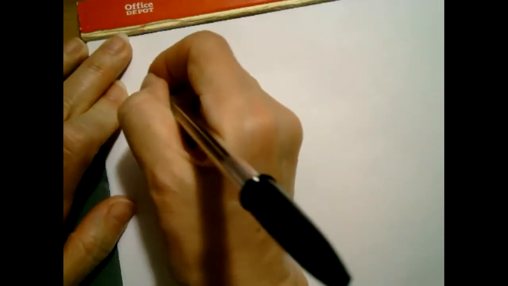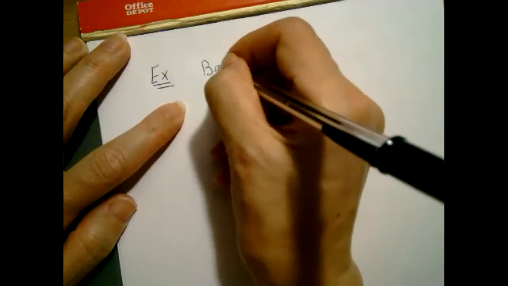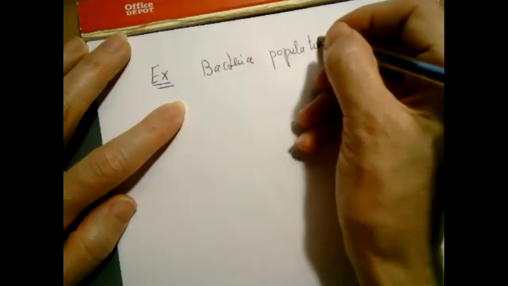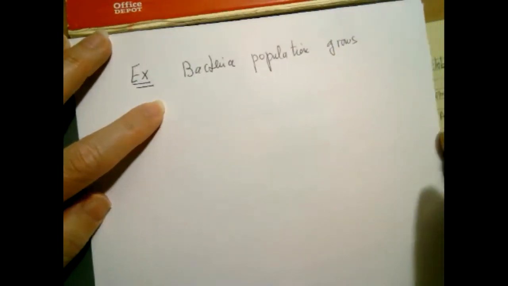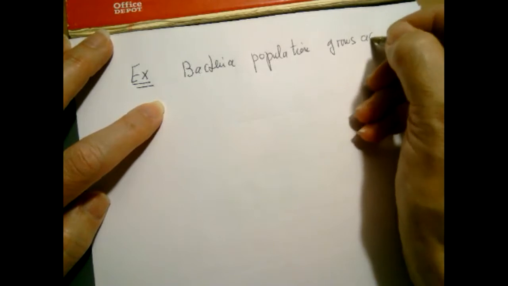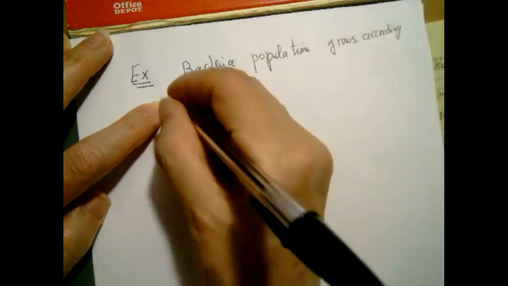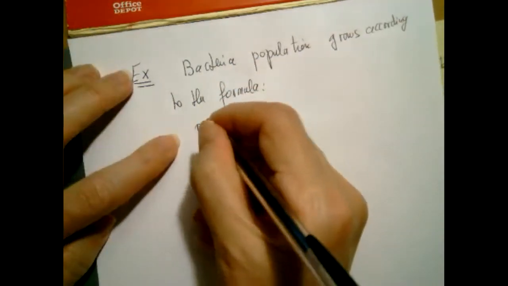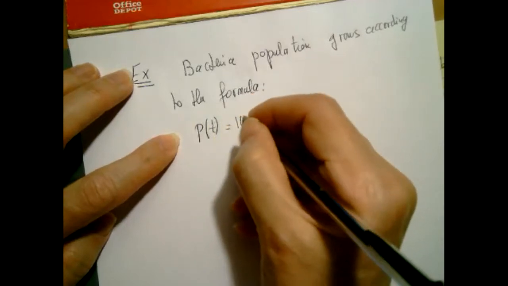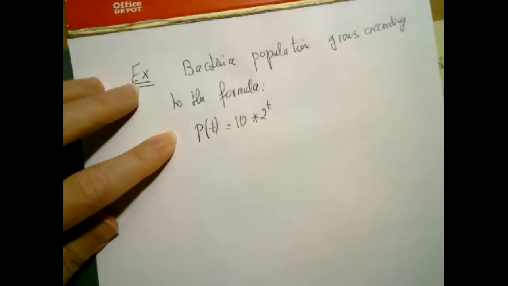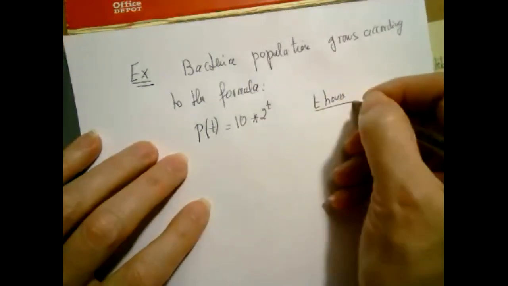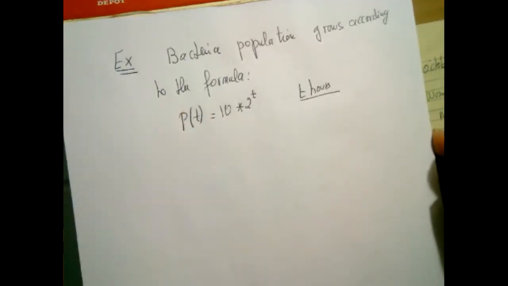Suppose I have a certain bacteria population, and it grows according to the following formula: P of T equals 10 times 2 to the power T. That's the population growth, and T is in hours.